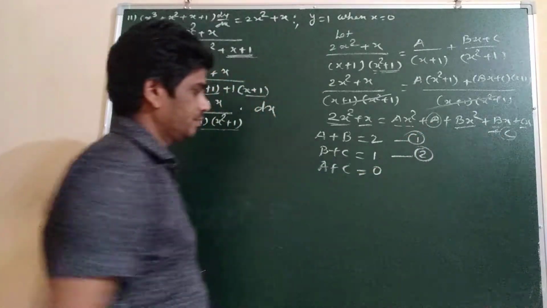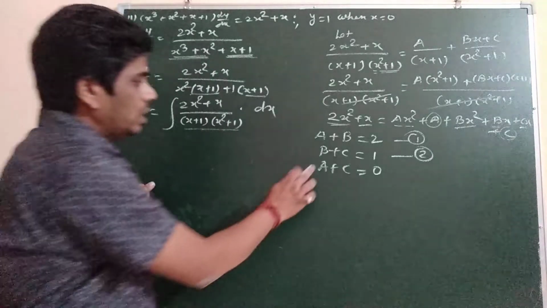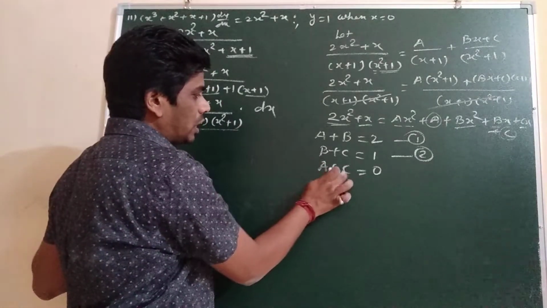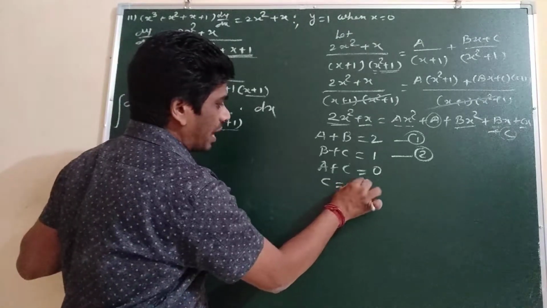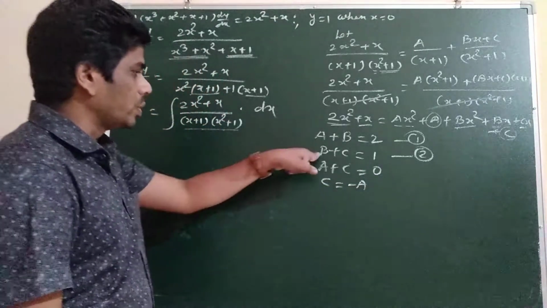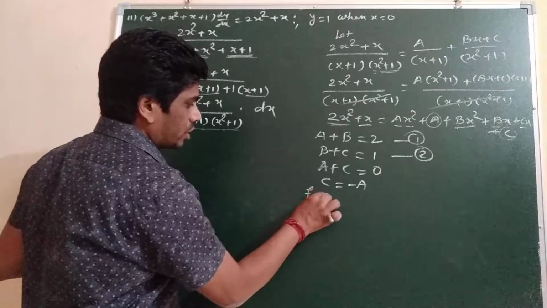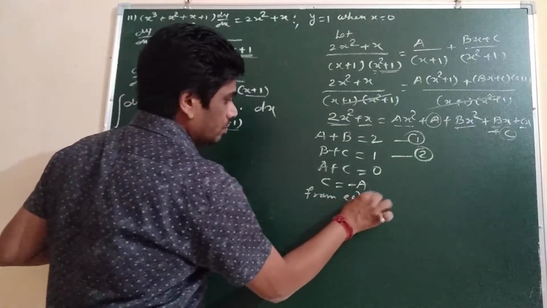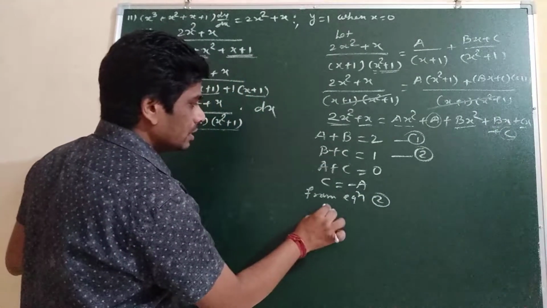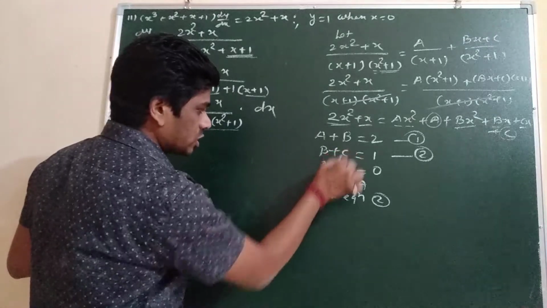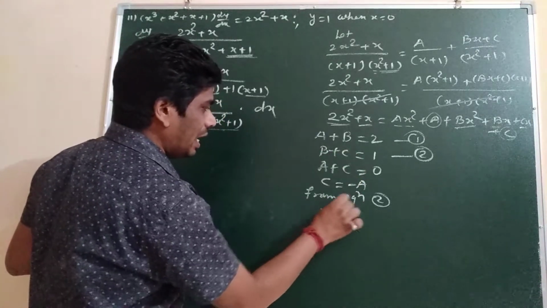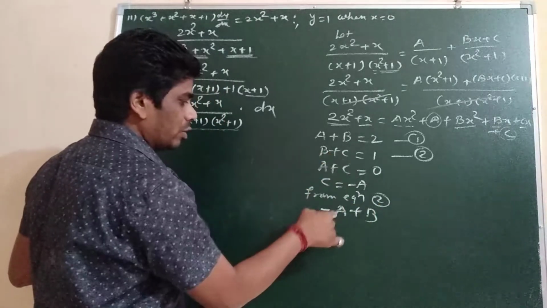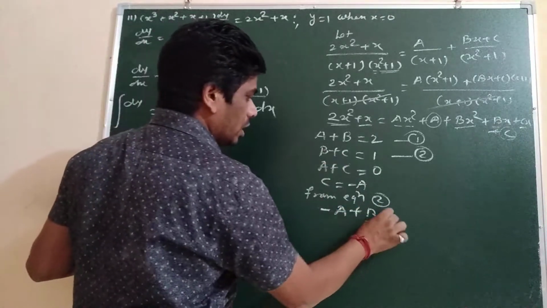equals 0. From here we find the value of c, so c equals minus A, and we substitute in equation 2. We get minus A plus b equals 1.